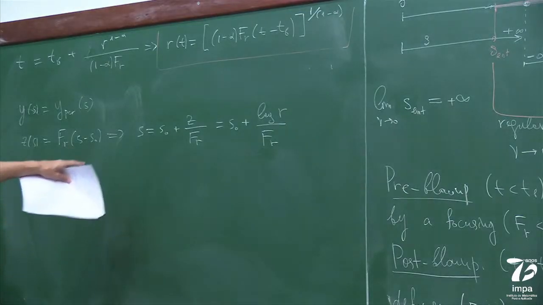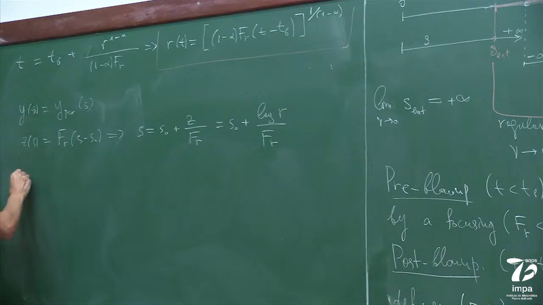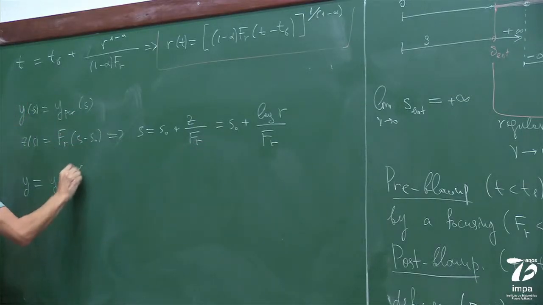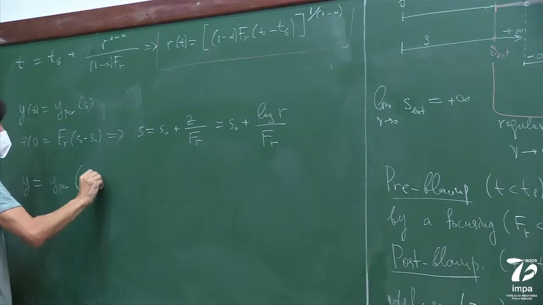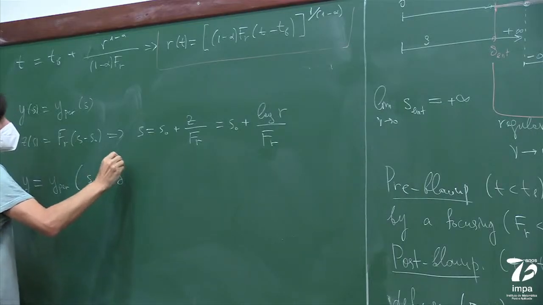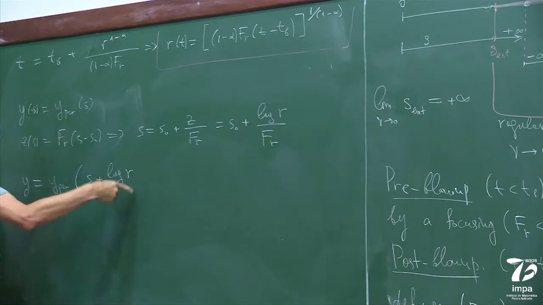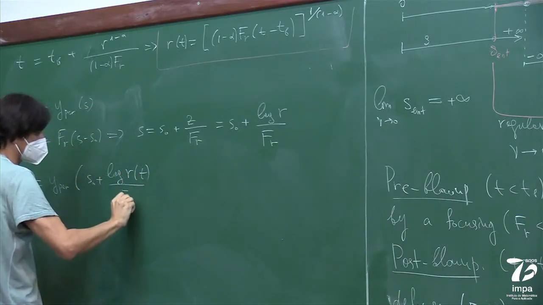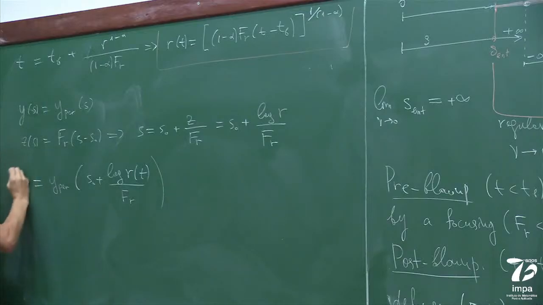Good. So now finally we find that Y is periodic, and then we put S from this. And R we know how it depends on time, which means that we found the solution.